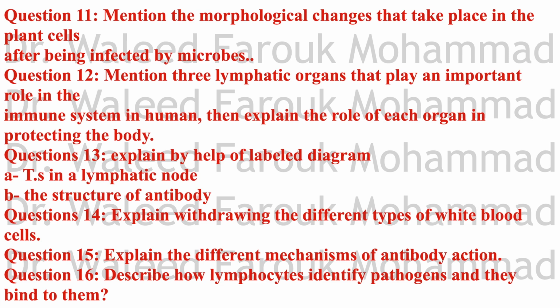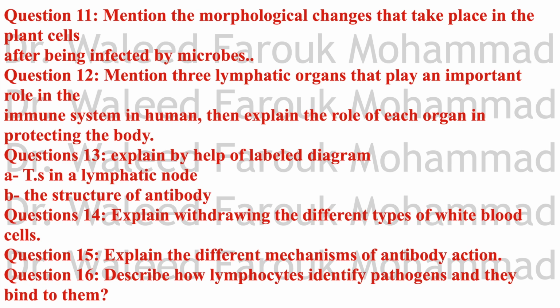The structure of the antibody, remember the two light chains and heavy chains, disulfide bonds, the complement binding sites, the variable region, the constant regions. All this you must label on a drawing of the antibody.